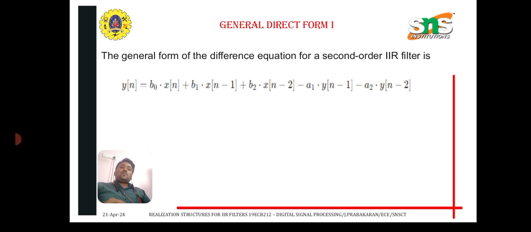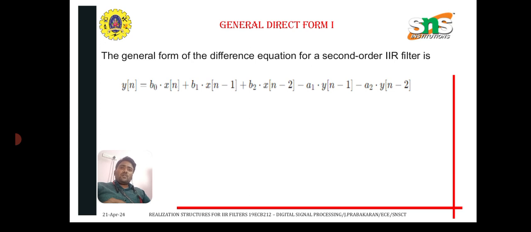The general form of the difference equation of a second order IIR filter is y of n equal to b0 into x of n plus b1 into x of n minus 1 plus b2 into x of n minus 2 minus a1 into y of n minus 1 minus a2 into y of n minus 2, where x of n is the input signal at time index n, y of n is the output signal at time index n, and b0, b1, b2 are the numerator coefficients, a1, a2 are the denominator coefficients.